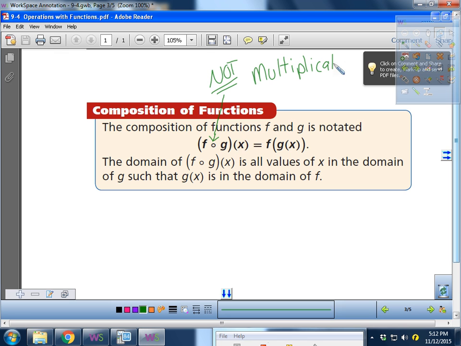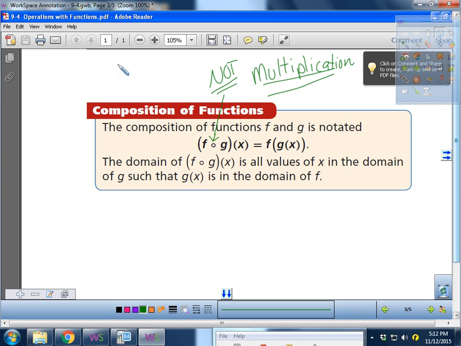Not multiplication, okay? It is an open circle, okay? Multiplication symbol is closed in. This is the same thing as this, and you read this, f of g of x.